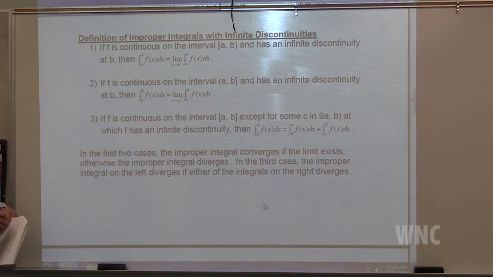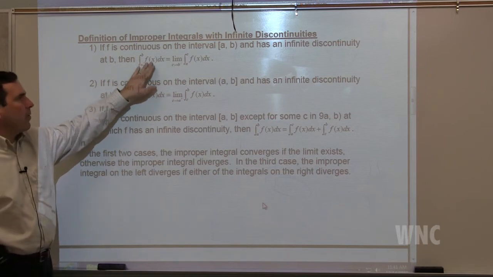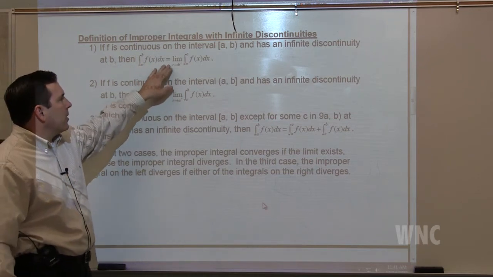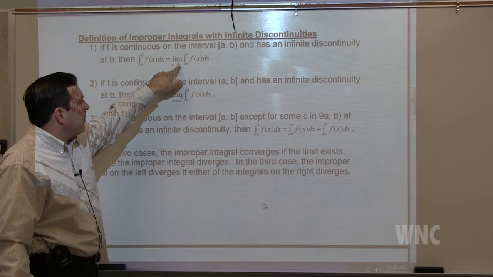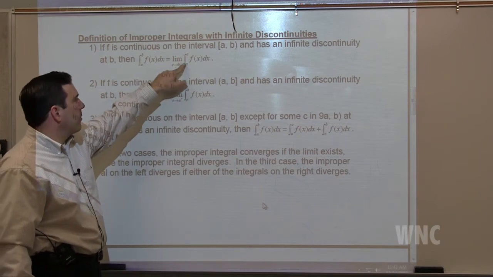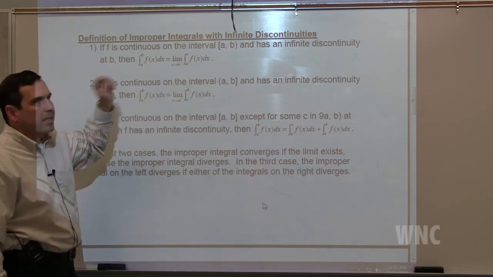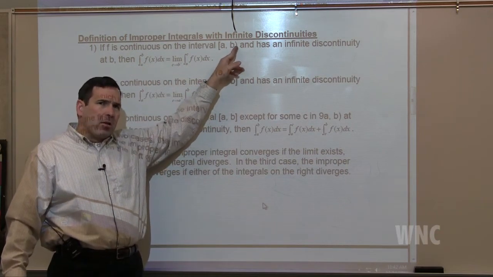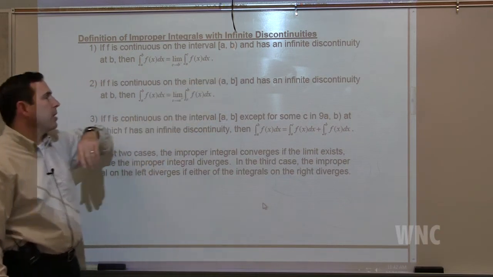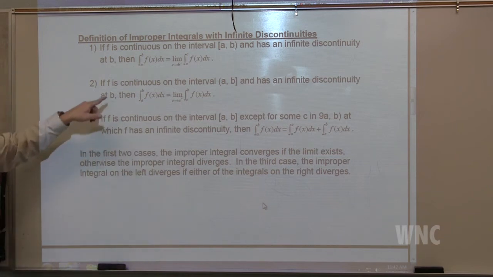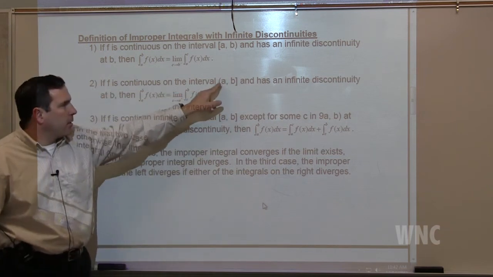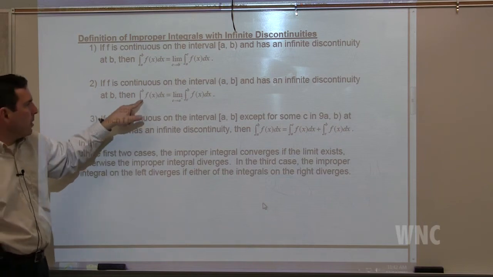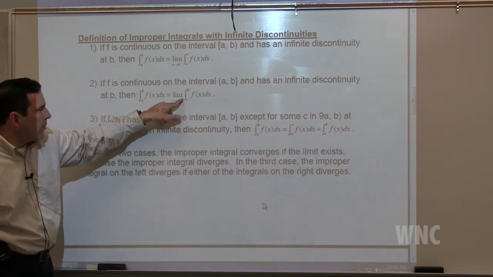If f is continuous on the interval from a to b and has an infinite discontinuity at b, then the integral from a to b of f of x dx is the limit as c approaches b from the left side, from a to c of f of x dx. So if it's discontinuous at b, so it goes up to be infinitely close to b but never at b, so always on the left side.